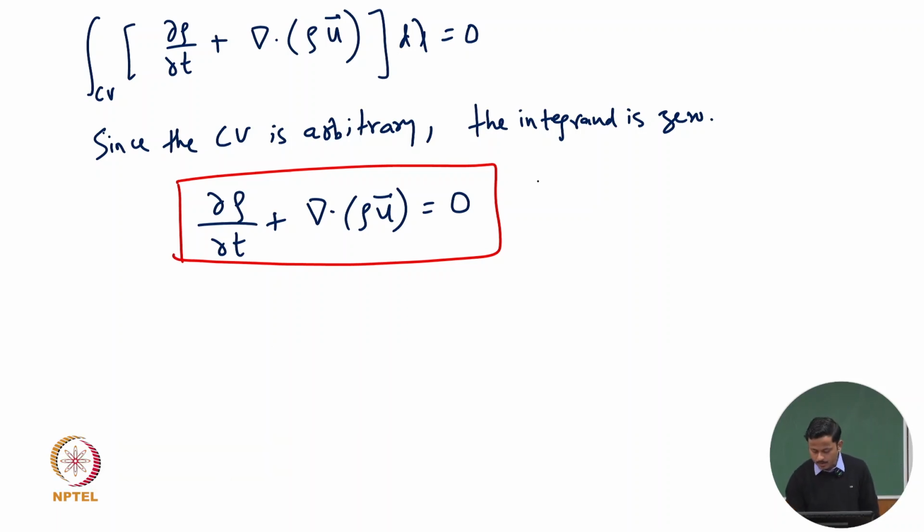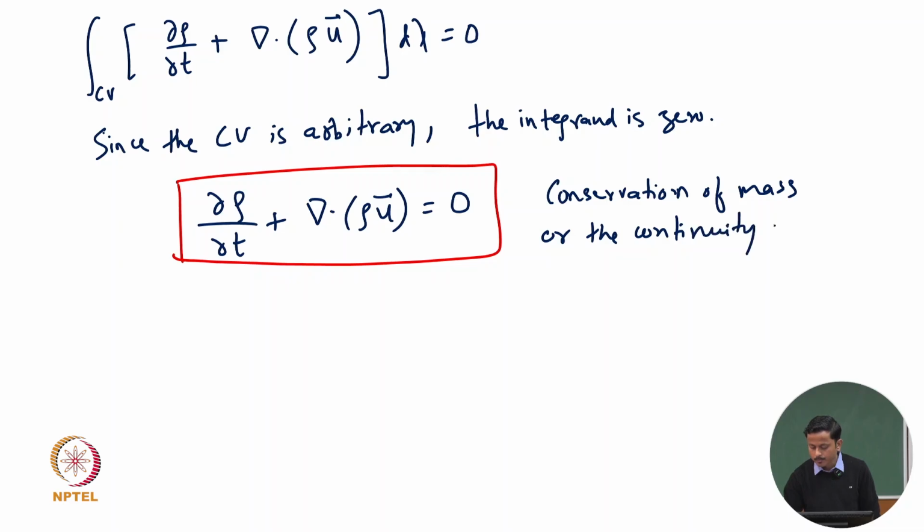So this is the conservation of mass, or the continuity equation. We have easily derived it from the Reynolds transport theorem by substituting the intensive property to be 1 without any loss of generality, and this is the form of the conservation of mass.